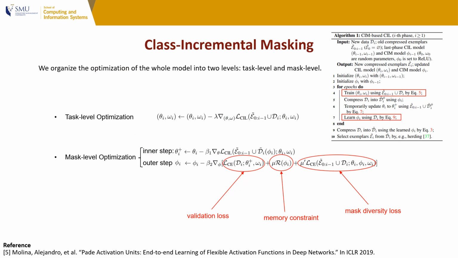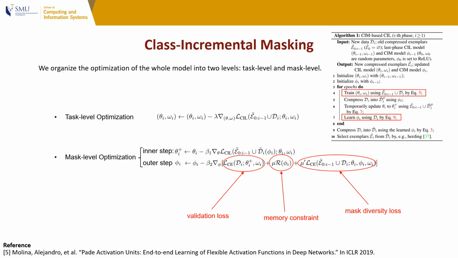We organize the optimization of the whole model into two levels. The task-level optimization addresses the current task, and the mask-level optimization is to search SIM parameters phi to produce adaptive masks.